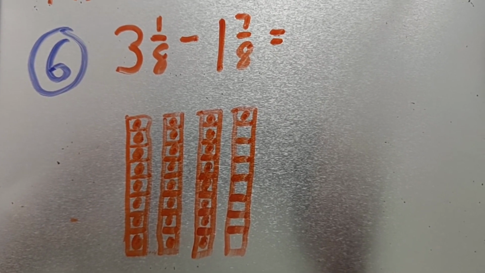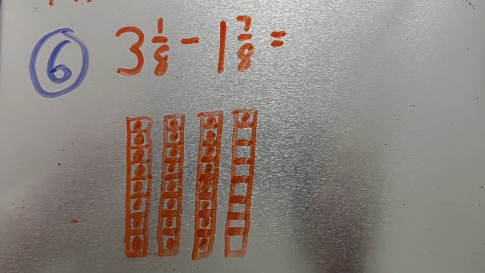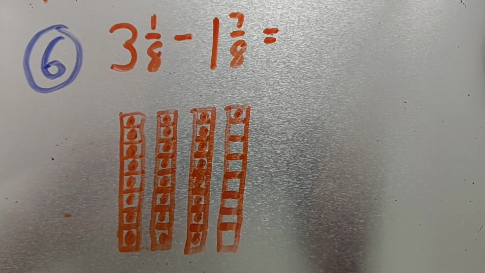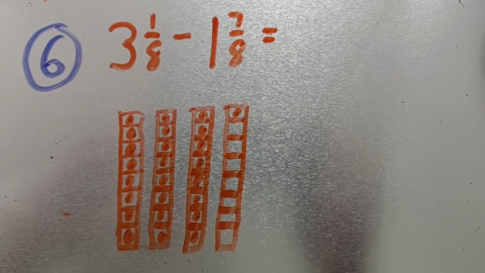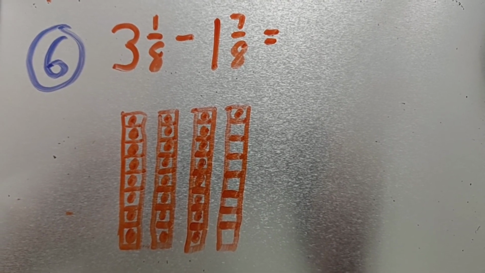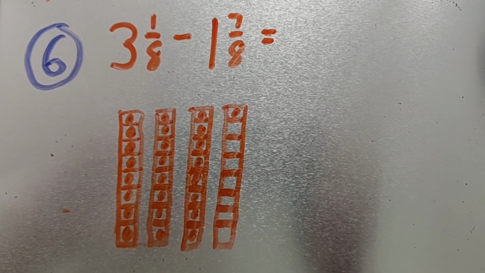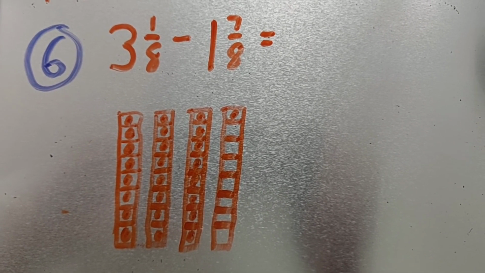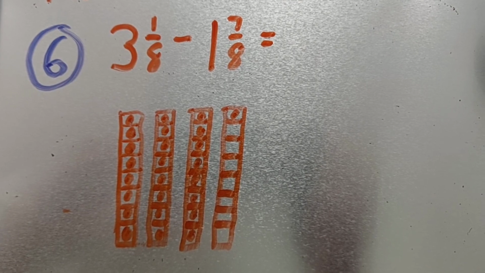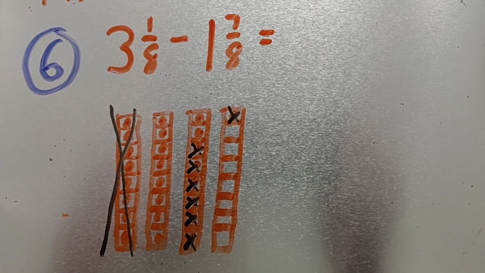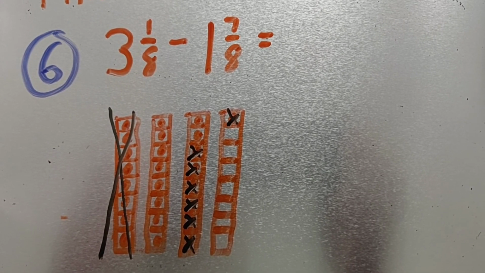Remember, the whole, the 1 in 1 and 7/8, I'm going to take away from the left. Then the 7/8, the fraction part of the mixed number, I'm going to take away part by part 7 times from the right hand side and then see what I am left with. So you can see I started with 3 and 1/8, subtracting 1 and 7/8.